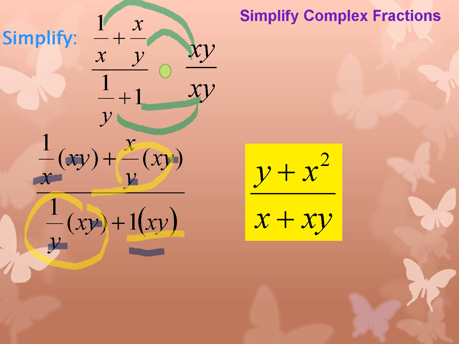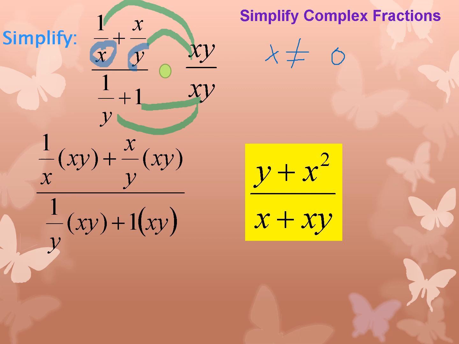Now, let's talk about the variable restrictions, because we have a few of them here. I'm just going to erase my markings. Give me just a second. There we go. So right here, we know that x can't be 0. I'm going to go up here and do a little marking. x can't be 0. Then I'm going to look at this denominator.